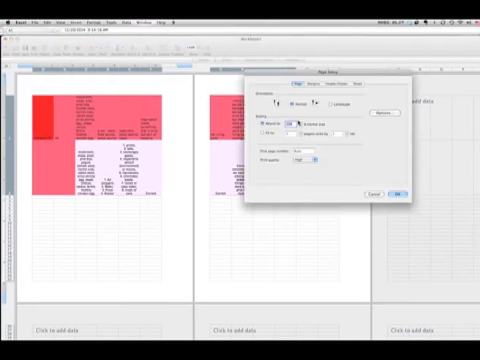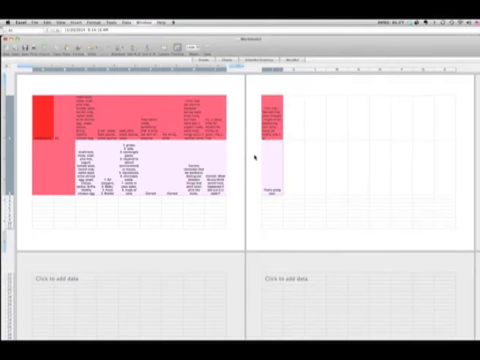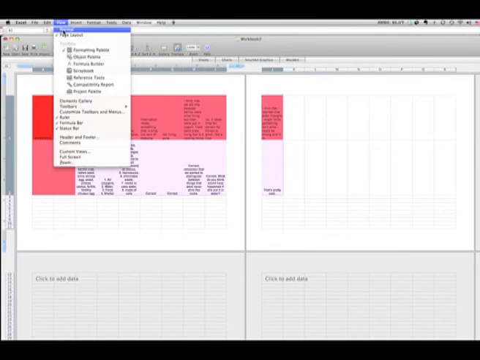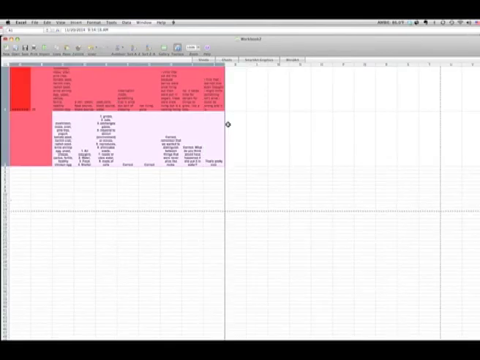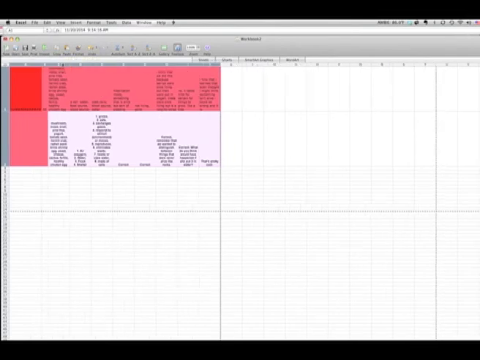Page setup. And I'm going to change it to landscape. And still a little bit there. There we go, that will fit this student.